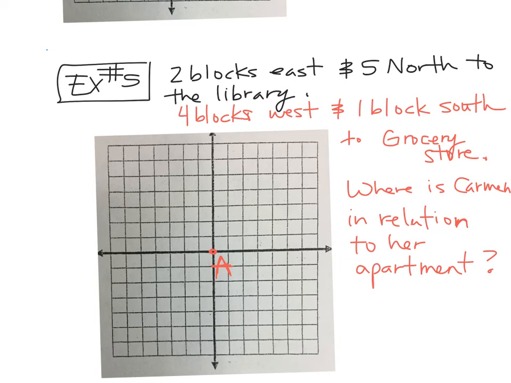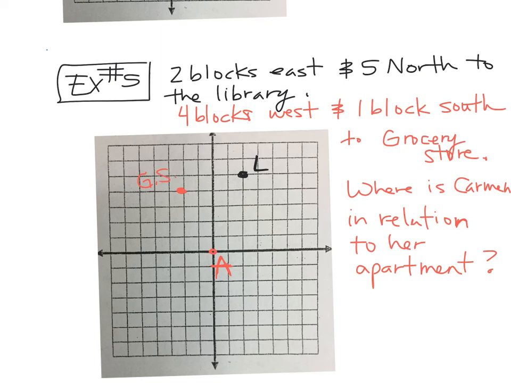So where is 2 blocks east going to put us? 2 to the right, okay? So 2 blocks east, 5 blocks north, 1, 2, 3, 4, 5, puts the library right here, okay? Then from the library, she went 4 blocks west, which would be 4 to the left, and 1 block south. So 1, 2, 3, 4, 1 block south would go down to the grocery store.